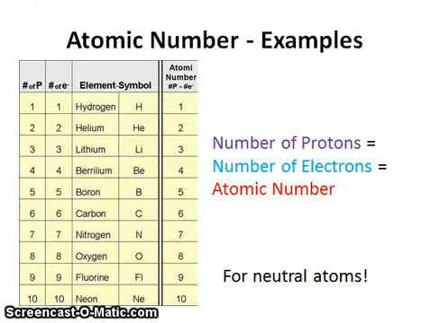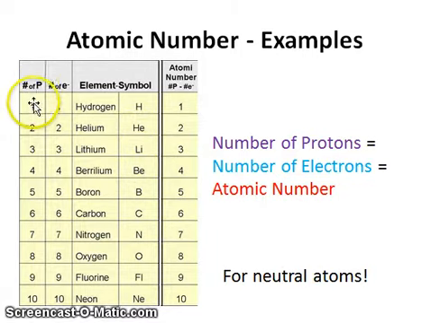Here we have another example. In this case, we don't have the periodic table, but we have a list of elements. The elements are here. Here are the symbols, and we can see that those that only have one letter are always capitalized, and the ones that have 2 letters for their symbol, the first one is a capital letter, and the second one is a small case letter.